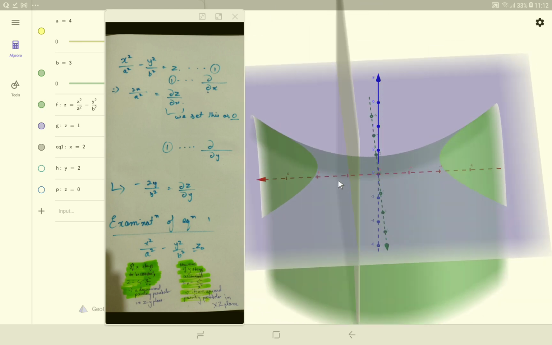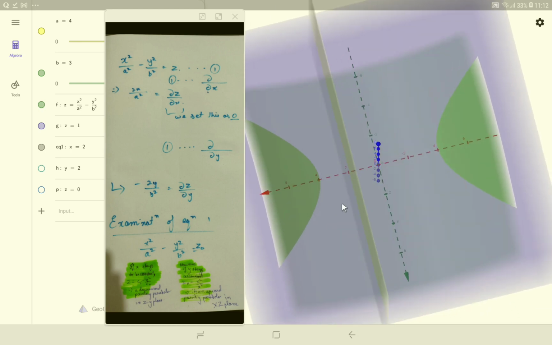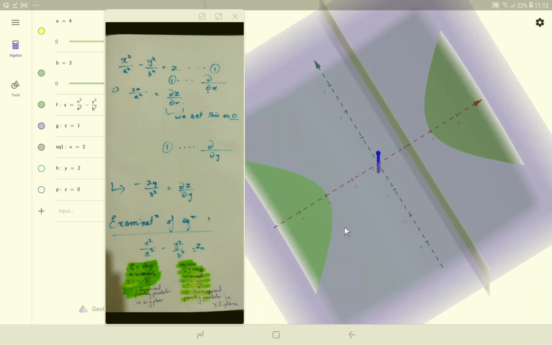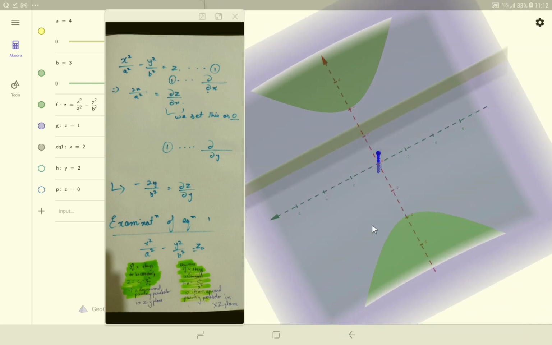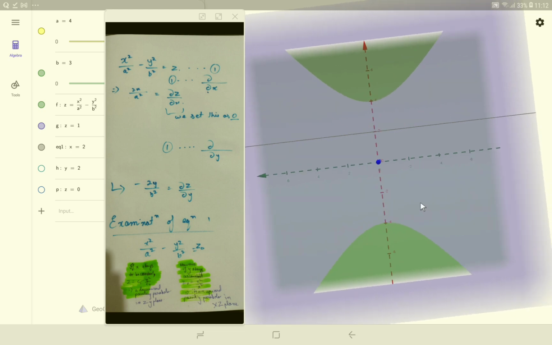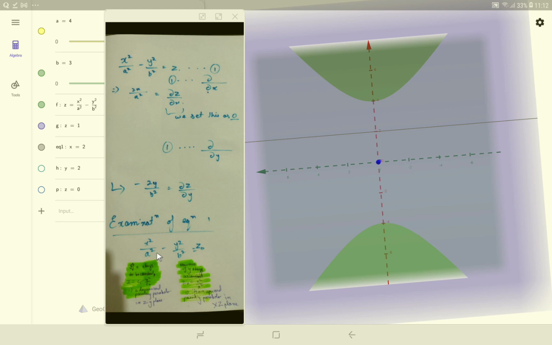And similarly, when you do the same for the other one, you will end up having chords which are parallel to the x-axis, and they go till infinity. And when you join their midpoints, you get the y-axis, right?